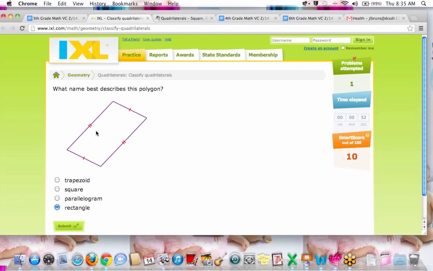Nicholas? Because a parallelogram sort of tilts, so it's not a rectangle at all. It has two sets of parallel lines, but it gets tilted, so it kind of appears deformed.